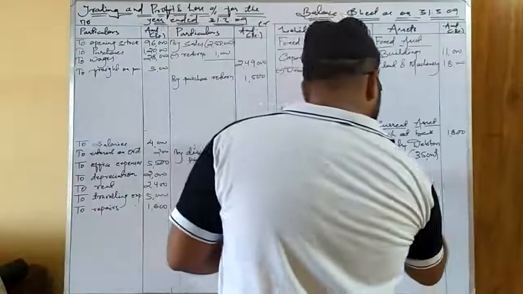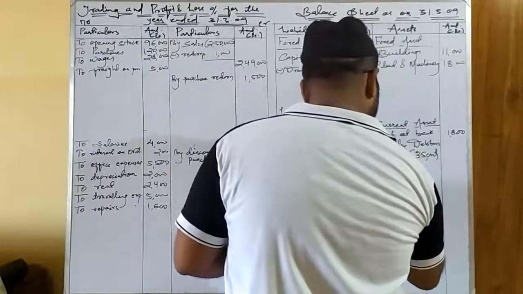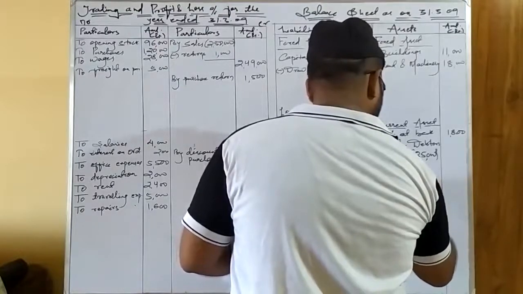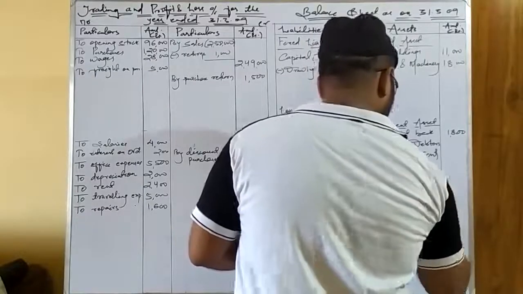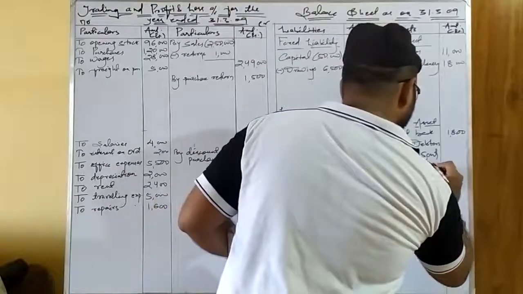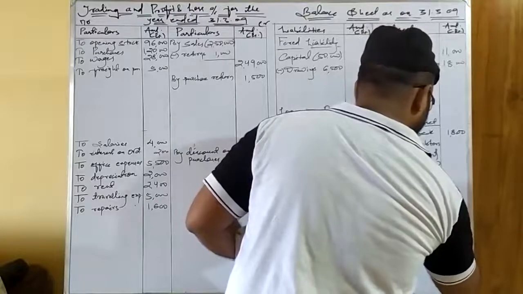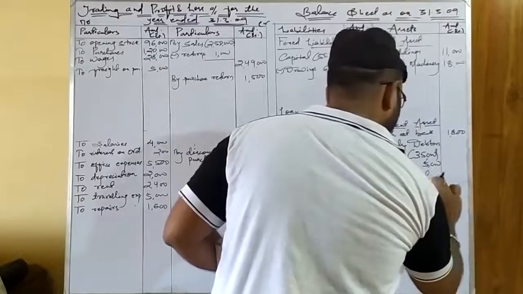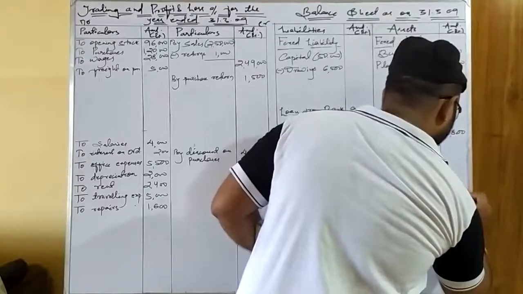So I will write here reserve for doubtful debts. Okay, so the amount given as reserve for doubtful debt is 5,000. So when we subtract, we get 30,000 as the final balance of the debtors.